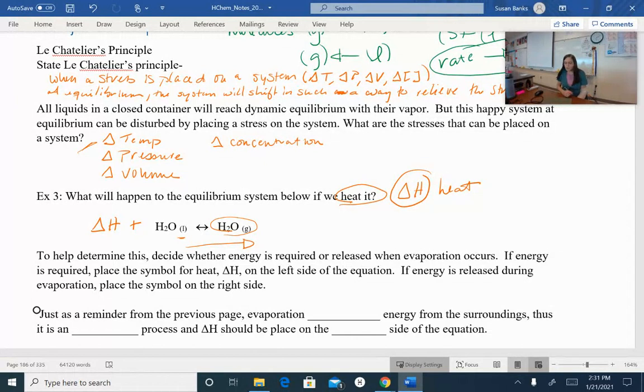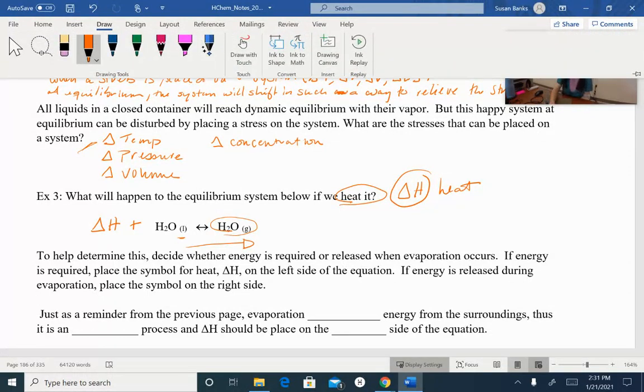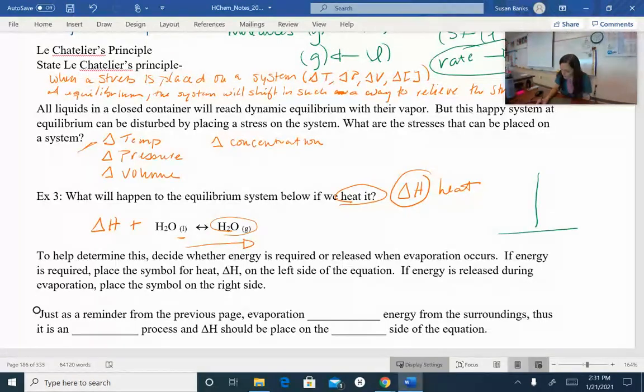Okay? So I want you to think about this being kind of like a balance, like a classic Greco-Roman balance where we have a pan here, and we have a pan here, okay?